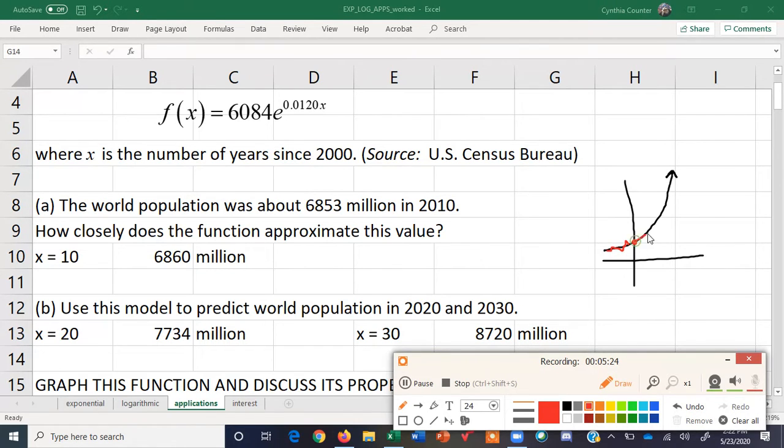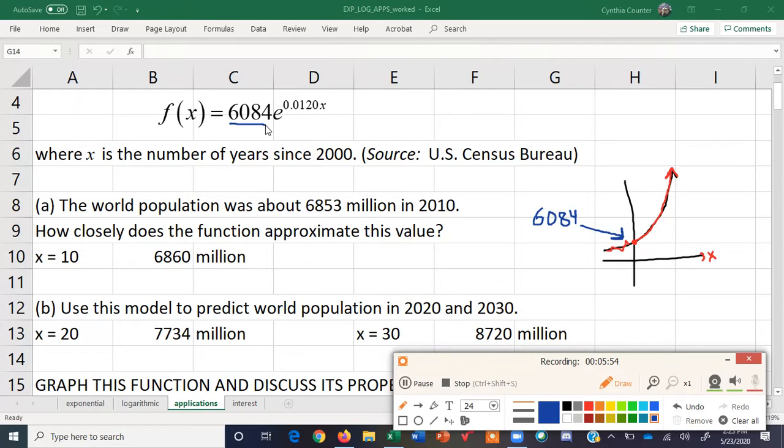We really just need this part here because the smallest x can be is 0, which is at year 2000, and at 0 we have y, or the function f of x, equal to 6084.